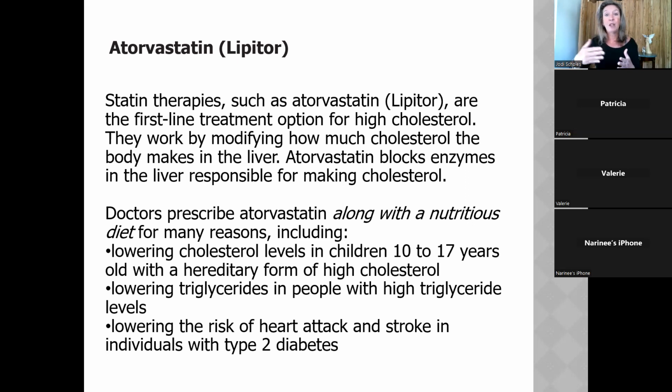Their heredity, their mom and dad had high cholesterol, not from lifestyle choices, but just because that's how their DNA is. Okay, pay attention here. Sometimes people just have high cholesterol in their DNA. Their liver produces more. That doesn't necessarily mean it's unhealthy. Doctors worry about it, and so they put people on a statin.